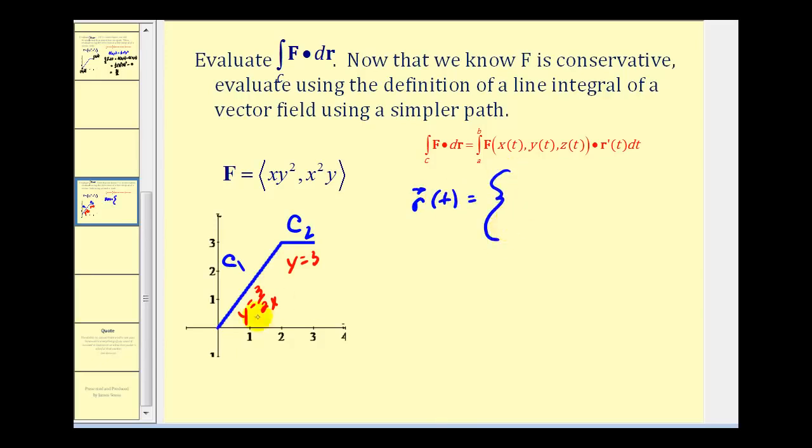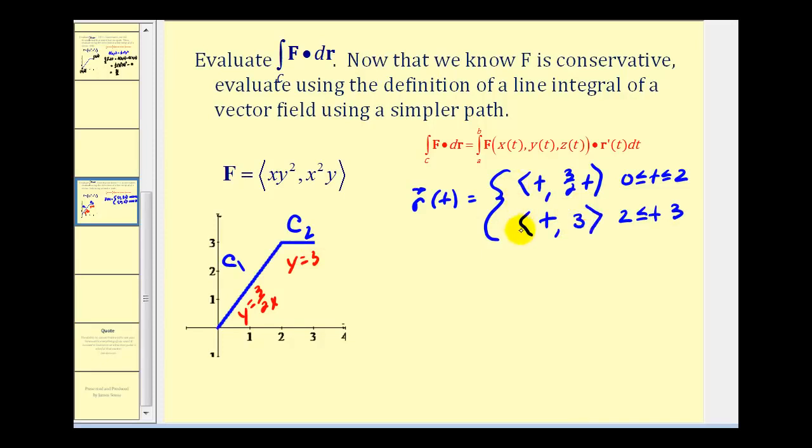For curve 1, if we let x equal t and y equal 3/2 t, then t would be on the closed interval from 0 to 2. And for the second curve, x starts at 2 and goes to 3, so if we let x equal t, the interval for t would be from 2 to 3, that works perfectly, and the y component would stay constant at 3.